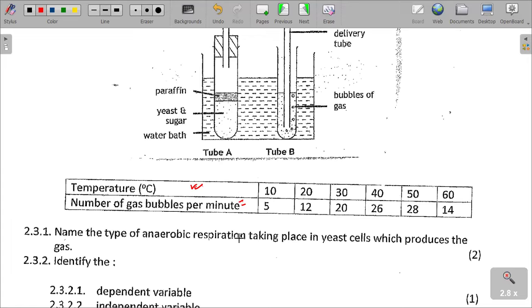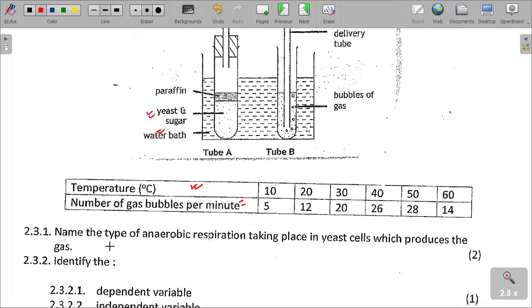The question says, 2.3.1, name the type of respiration taking place in yeast cells, which produces the gas. You can see we are having yeast and sugar there, and then we have the water bath.